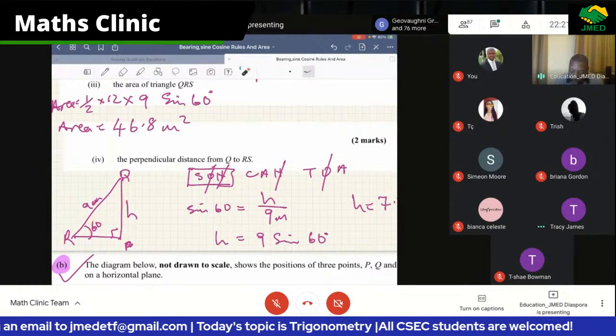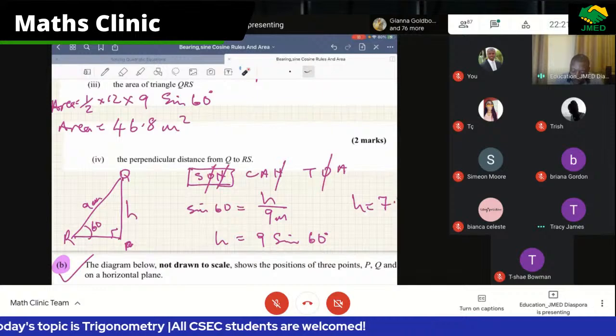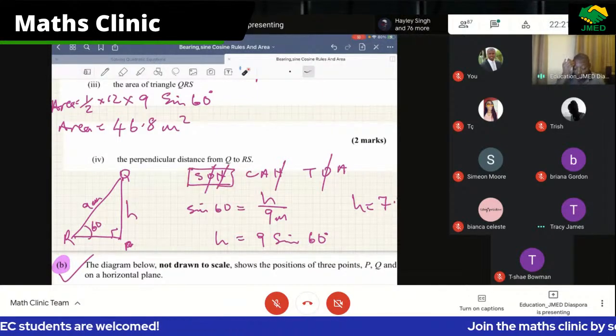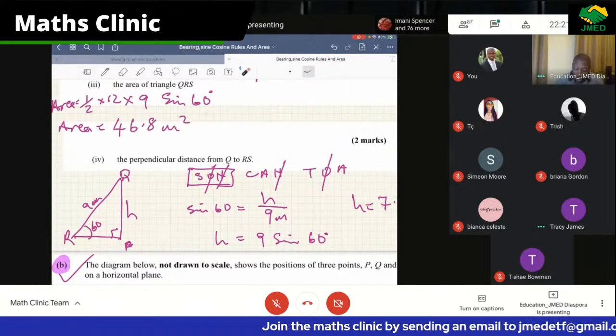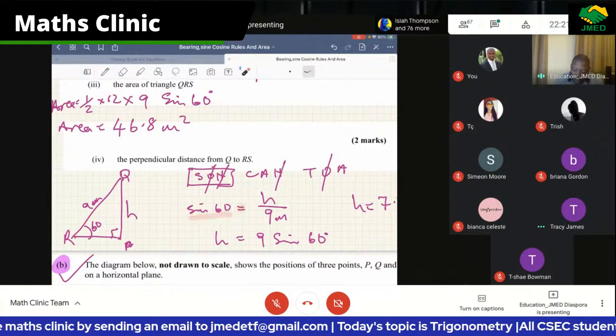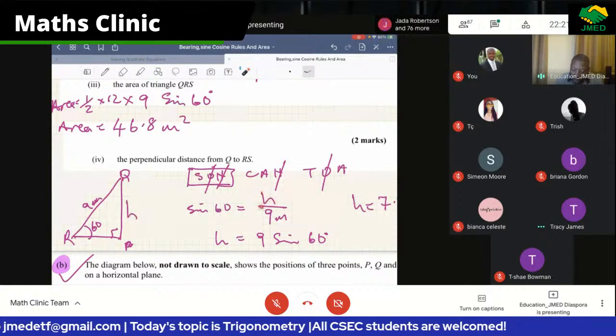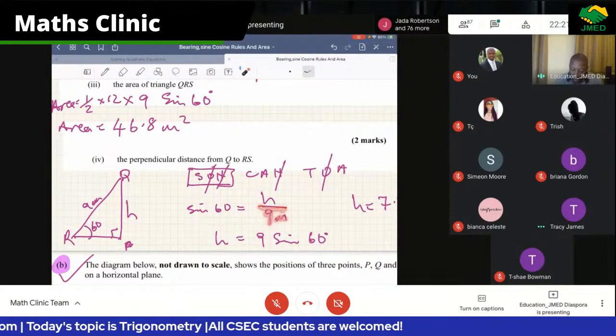Because we've got the opposite and the hypotenuse, we're going to use the sine ratio. And the sine ratio is opposite over hypotenuse. So we substitute: the sine of 60 degrees is equal to the opposite, which is h, unknown, over the hypotenuse, which is 9 meters.